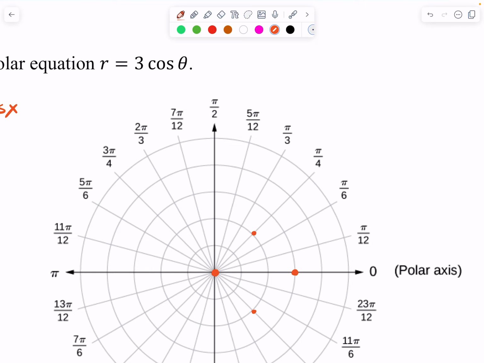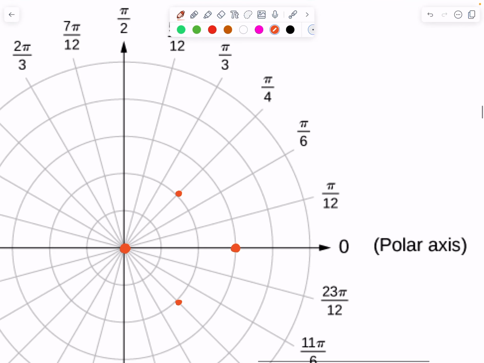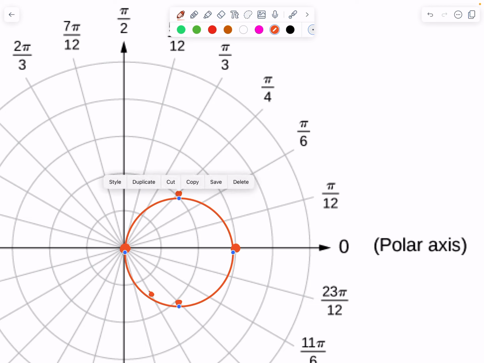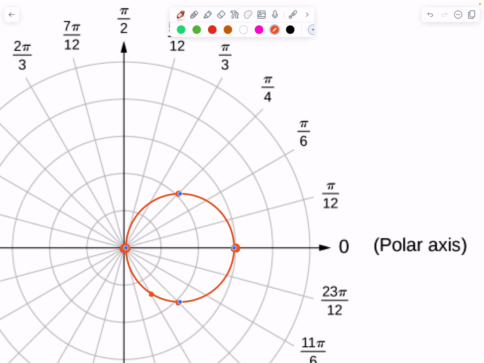So negative 3 halves for 2 pi over 3, we'd have to go in the negative direction down to about there. But what we end up with is a circle that is not centered at the pole.